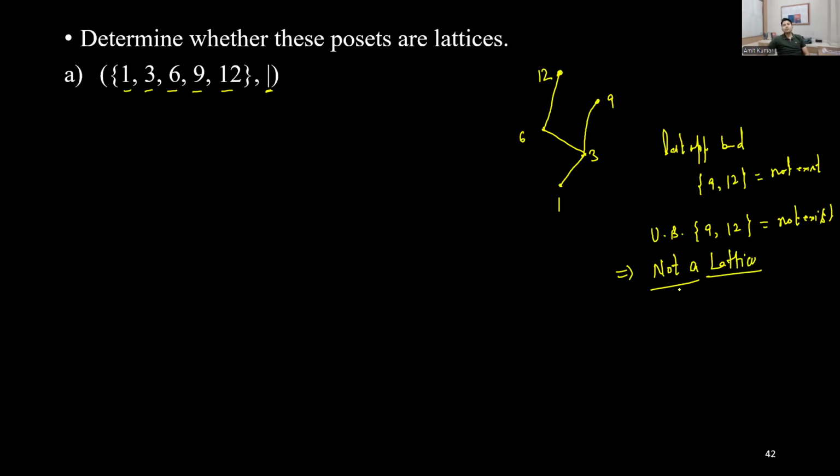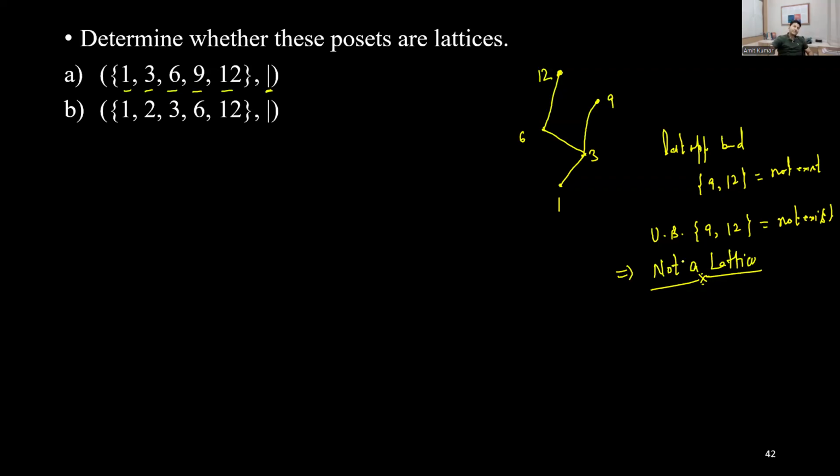That means in order to prove the given structure is not a lattice, it is sufficient to find a single pair of elements which does not have a supremum or does not have an infimum. So this is the first part, not a lattice.